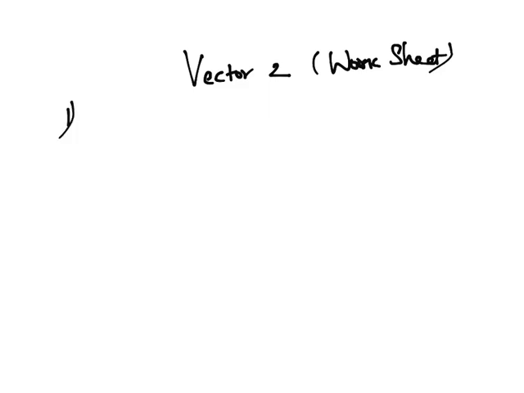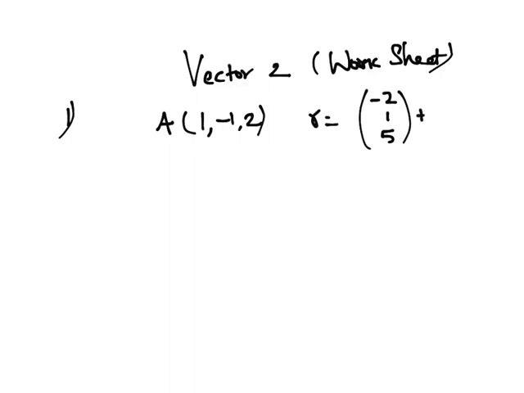A line L passes through the point A, the coordinates of A are 1, minus 1 and 2, and is parallel to the line r equals minus 2, 1, 5 plus s into 1, 3, minus 2.